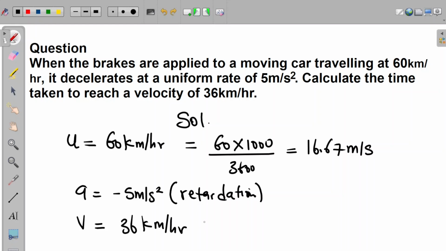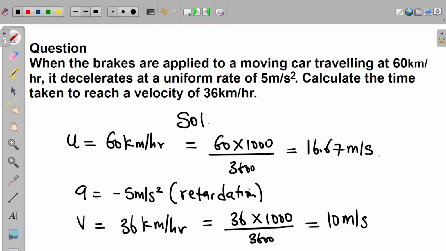So let us convert it to meter per second. So we have that this is 36 multiplied by 1000 divided by 3600. So this will be equal to 10 meters per second.